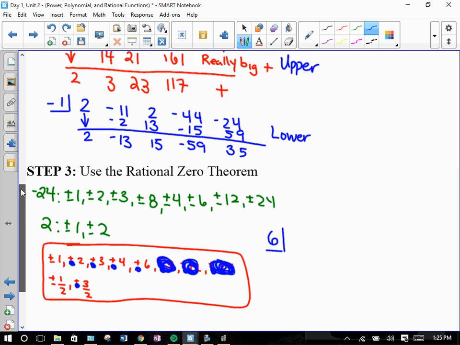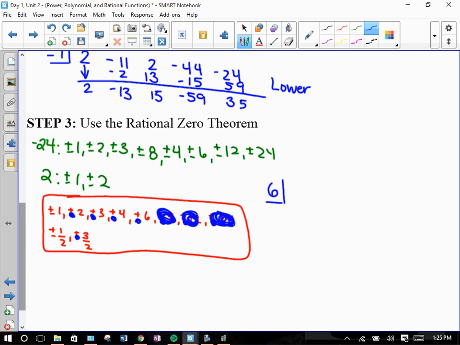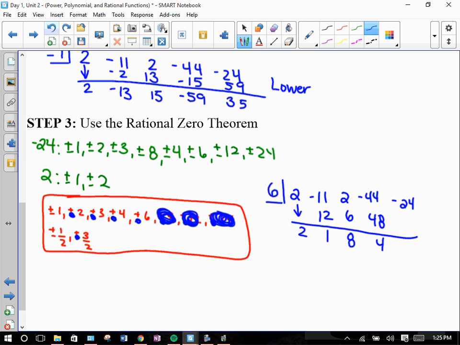What is it? 2, negative 11, 2, negative 44, negative 24. Bring down the 2, that's going to be 12. 2, 12, 1, 6, 8, 48, 4, and the remainder is 0.